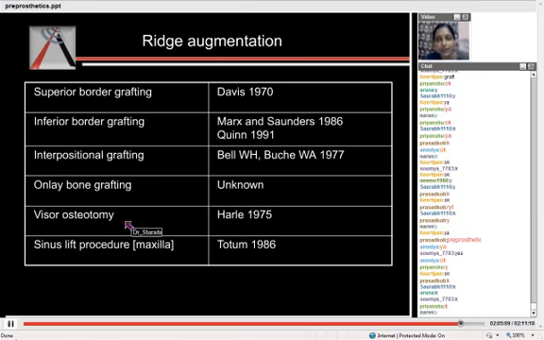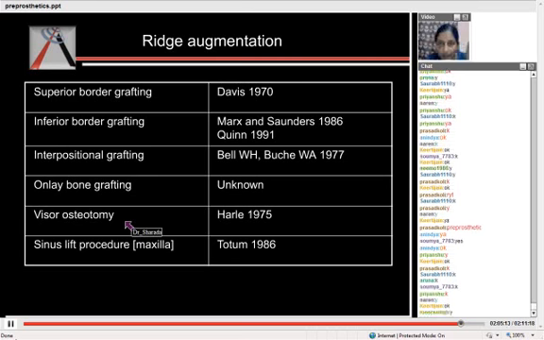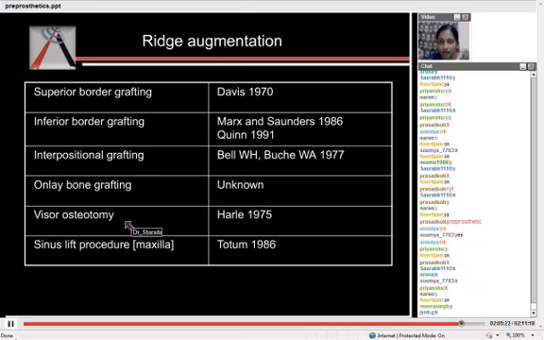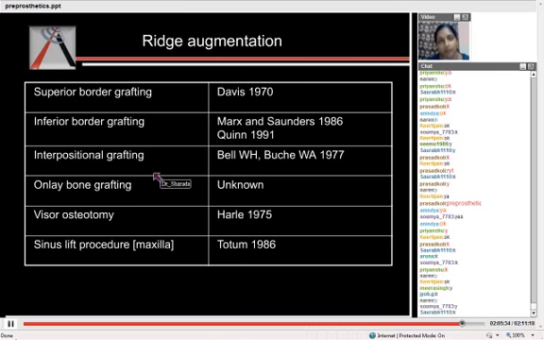In modified visor osteotomy, you go right up to the molar area. You give 2 vertical cuts in the molar area for the lingual plate and a horizontal cut in the anterior region, and then reposition it. That is the modified version of visor osteotomy.